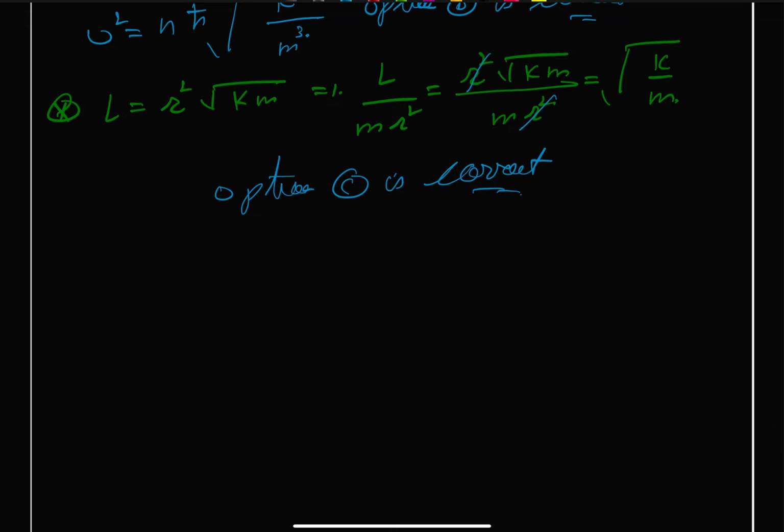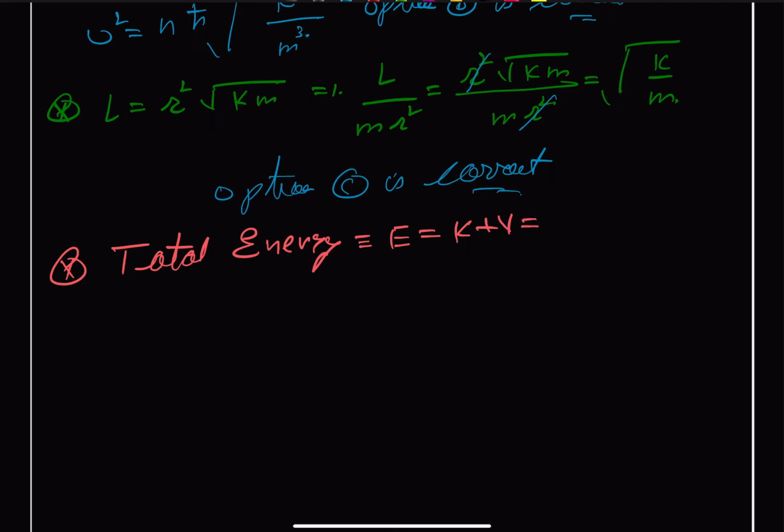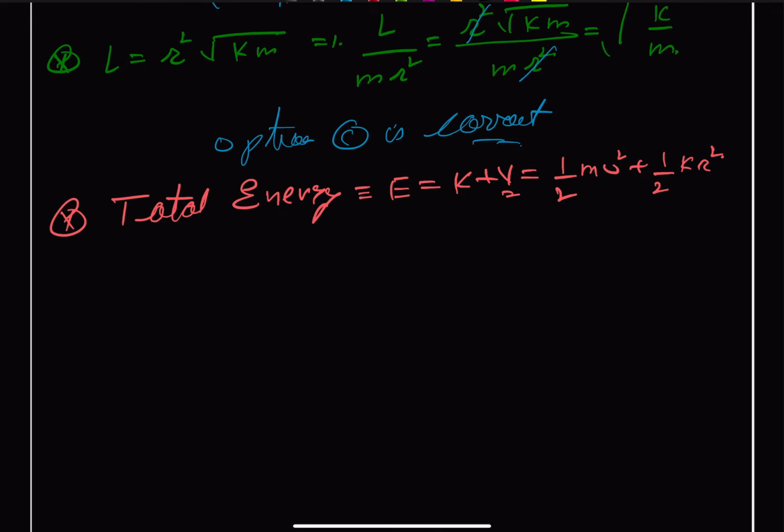Total energy E will be equal to K plus V. K is half mv², and the equation for V is given to us, that is half kr².